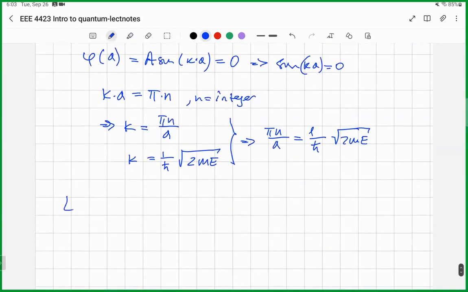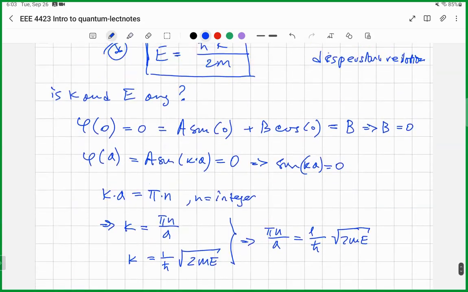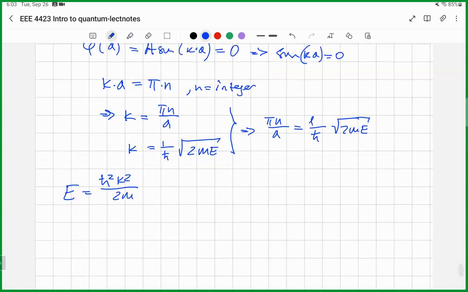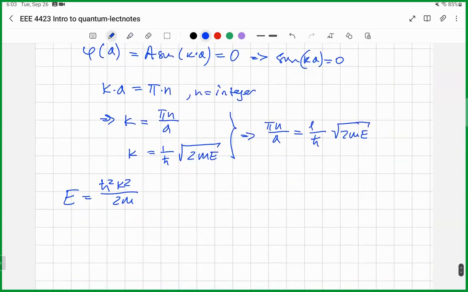So since energy is equal to h bar squared k squared over 2m, we plug in this solution into this formula, and we get this result. E is equal to h bar squared pi squared n squared over 2m a squared.